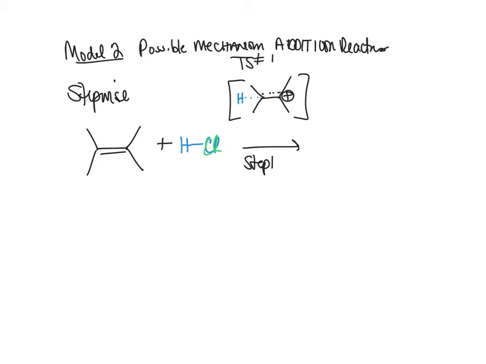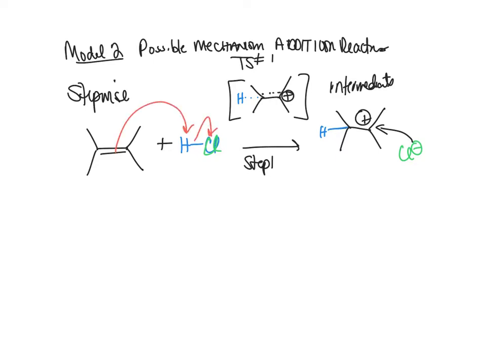Transition state 1, intermediate, that's in the valley, right? This is step 2.